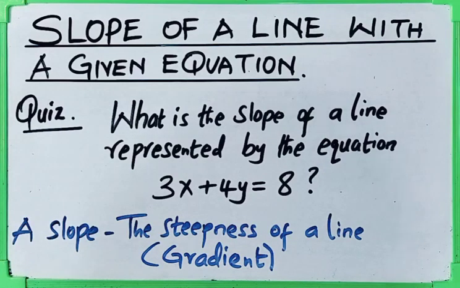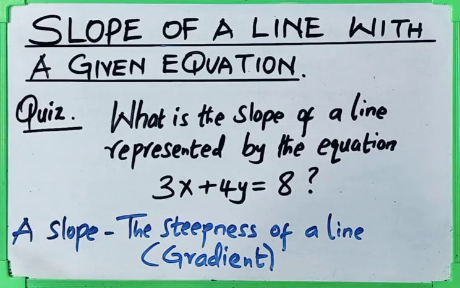A slope is the steepness of a line, what we can also call the gradient. So the steepness of a line is what we call a slope. If you equate it to a mountain or a hill, the steepness of that mountain is also what we call the slope. So what is the relationship between a slope and the equation of a line?